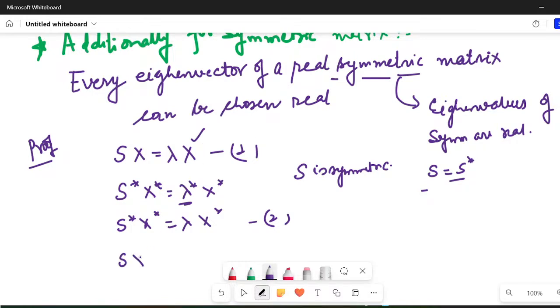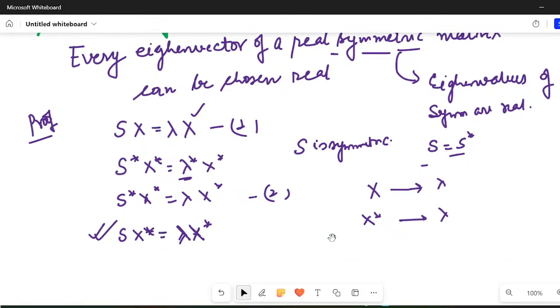So what I'll get is S x star equals lambda x star. So I can say that if X is the eigenvector corresponding to lambda, X star is also an eigenvector corresponding to lambda.